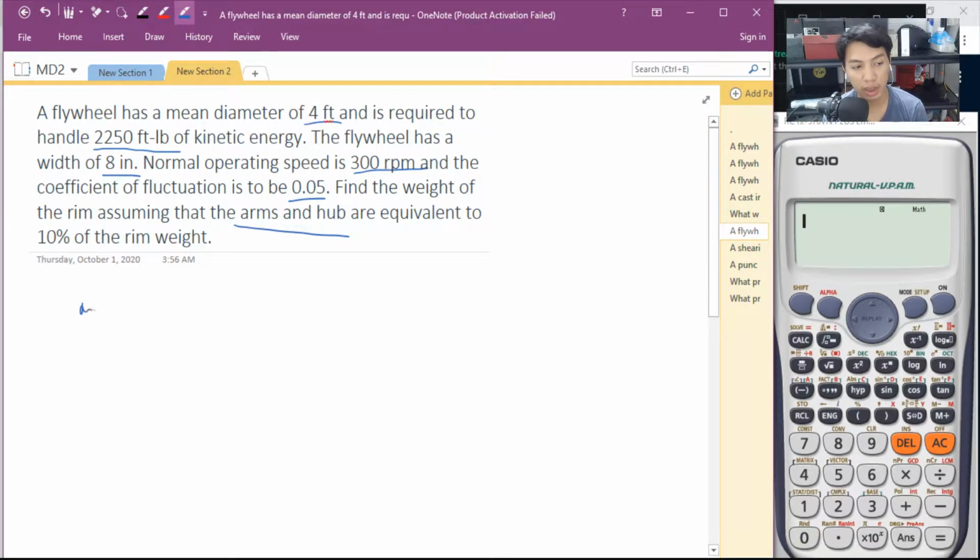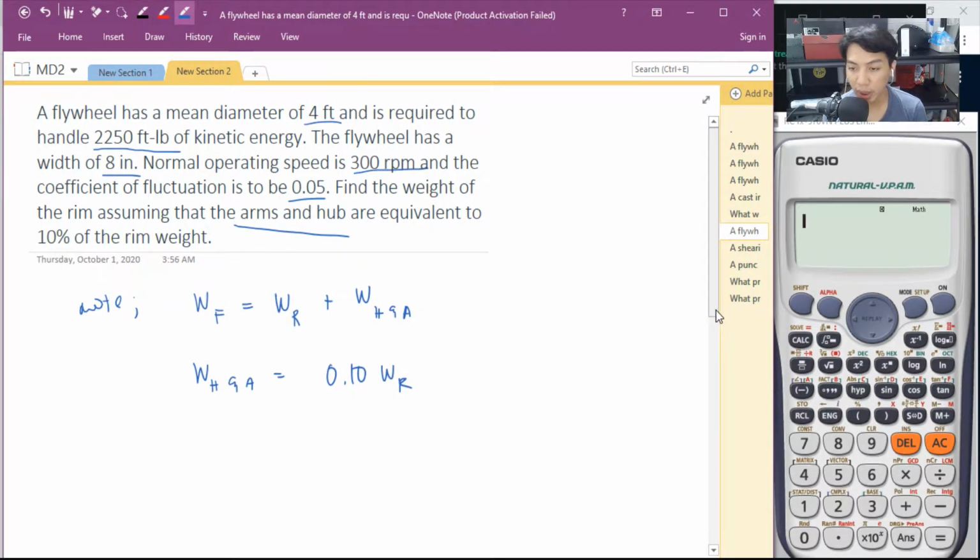Okay, note natin. We note that the weight nung flywheel is composed nung weight ng rim plus weight ng hub and arms. But you are given a ratio here. Yung hub and arms is 10% daw nung rim weight. So therefore, yung weight ng hub and arms is 0.10 nung weight ng rim.